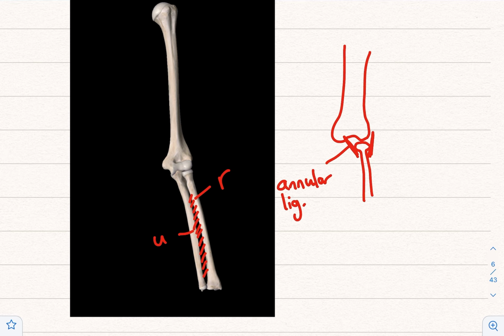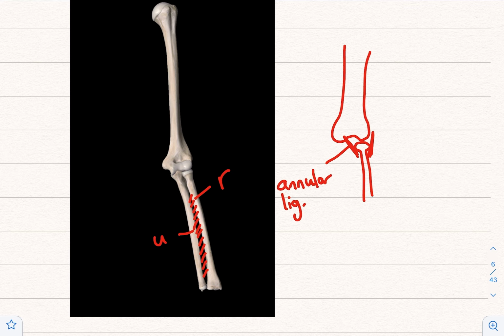Annular ligament. Okay, so here I've drawn the head of the radius a bit wider like that. This would be for an adult. And you can see that the shape of the annular ligament is kind of cone shaped. The reason is that the head of the radius has grown out and actually grown into the annular ligament.